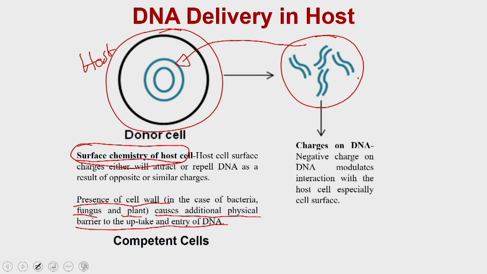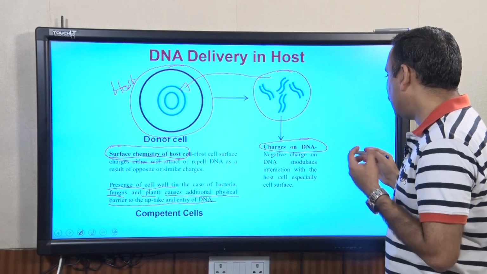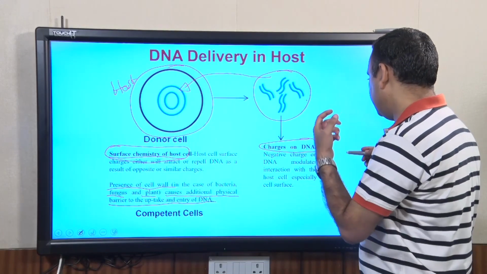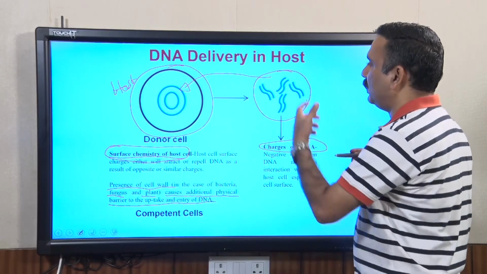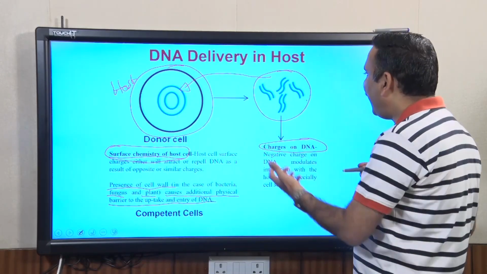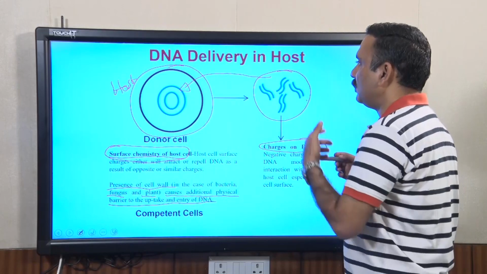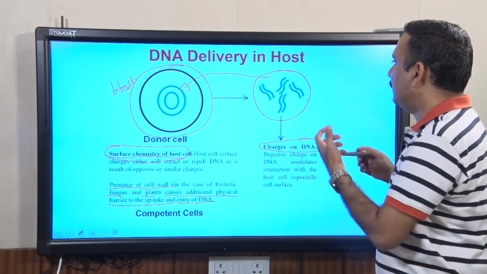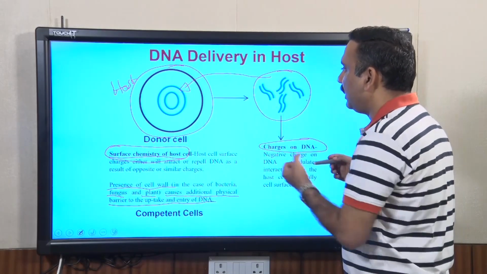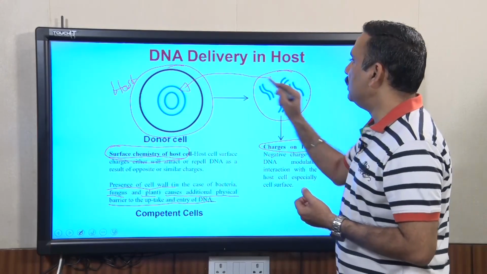On the DNA side, as you know, DNA is negatively charged, and these negatively charged ions will interact with the host cells, but you have to modulate these charges also to facilitate better entry of the recombinant DNA into the host.